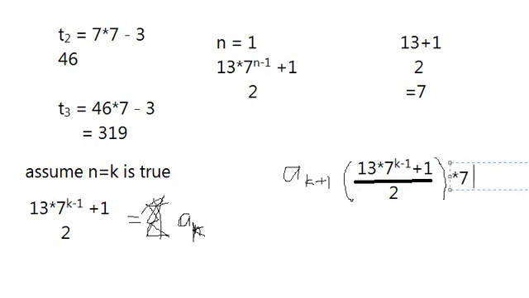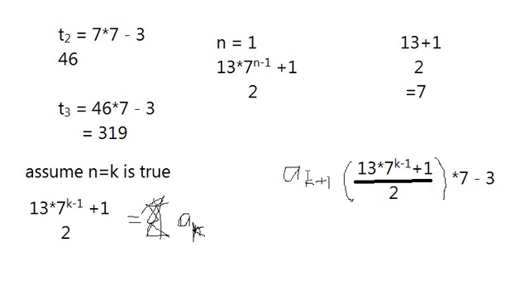Multiplied by 7 minus 3. So this is our every single step thing. So we add another step onto it, and here we have a bit more to do.